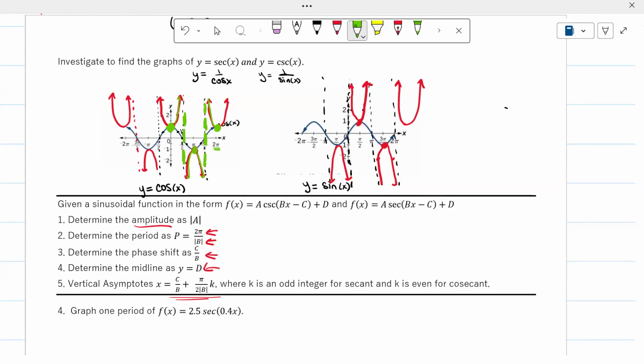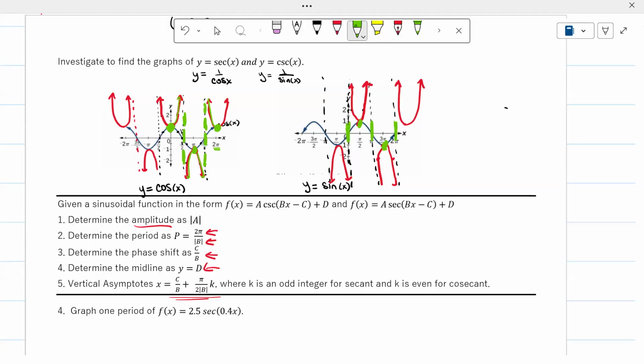So that's your 5 key points. For cosecant, we will start with asymptote, min, asymptote, max, asymptote. Those would be our 5 key points for that one.